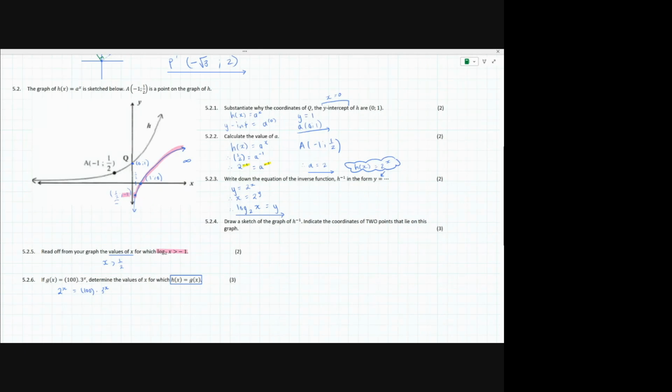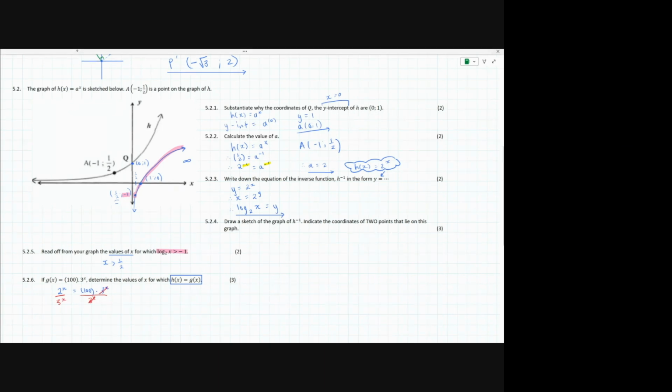So when you have a situation like this where you can't really make your bases the same, what we want to try and do is at least get one x or one term with x. Right now, I've got the 2 to the power x and the 3 to the power x. So what I'm going to do here is divide both sides by this 3 to the power x, because it's going to group the terms together that have an x in it.